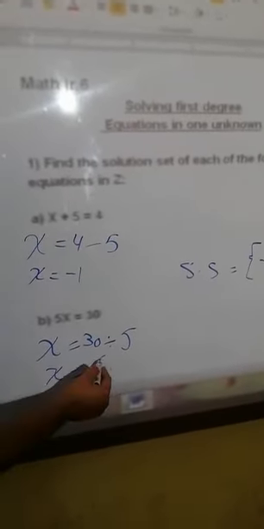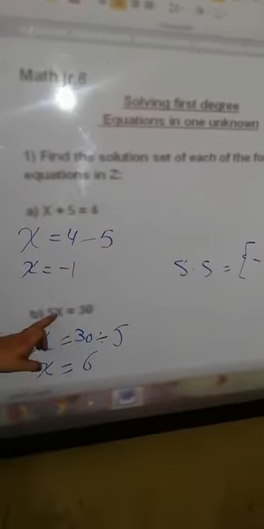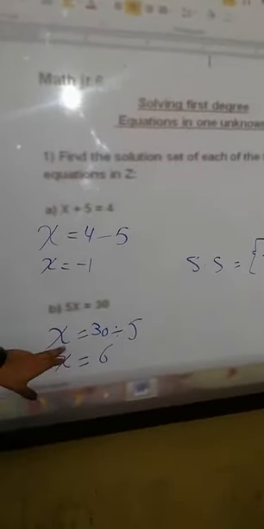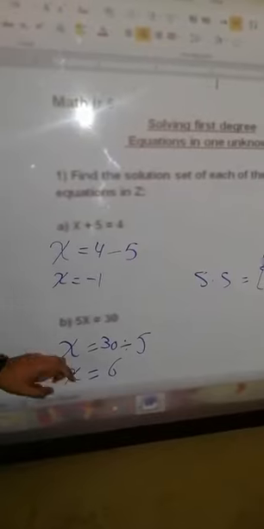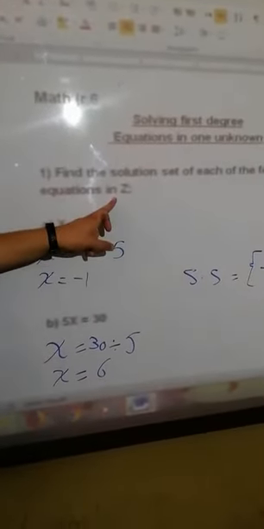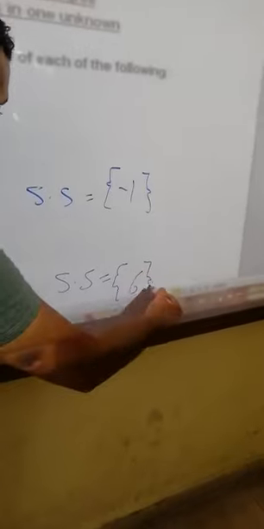The opposite of multiplication is division. Of course, all of us know that 30 divided by 5 equals 6. So the value of x here equals 6. You know, 5 times 6 equals 30. So x is right. First, ask yourself, does 6 belong to integers? Yes. So the solution set of this equation, write it inside braces here.